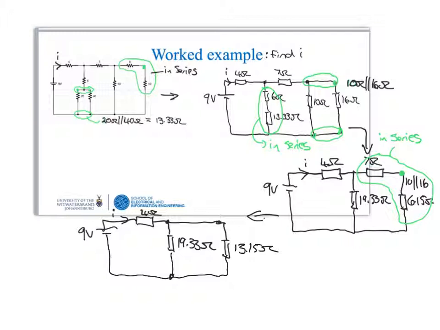And now we can see that these two are in parallel with each other. So 19.33 in parallel with 13.15 gives us 7.83 ohms.